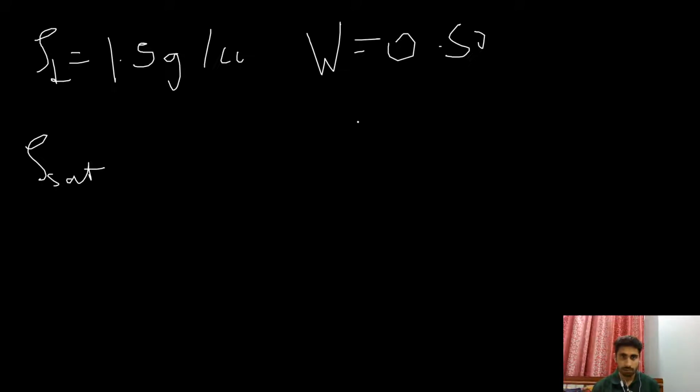Remember the equation I have told you: rho d is equal to rho bulk upon 1 plus W. You can say this also holds for gamma d, but here we are in the form of density, not unit weight.